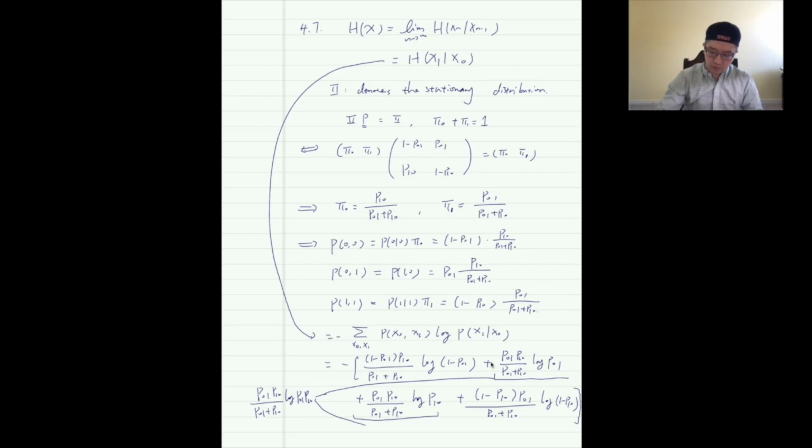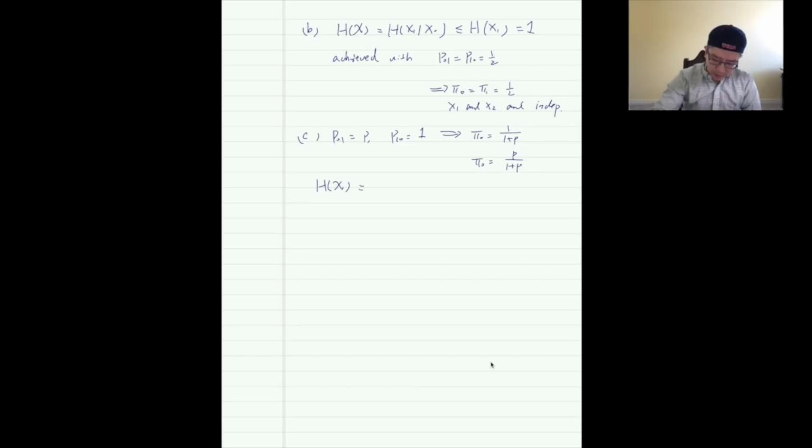So this is nothing but 1 over 1 plus P, times log 1 minus P, plus P.